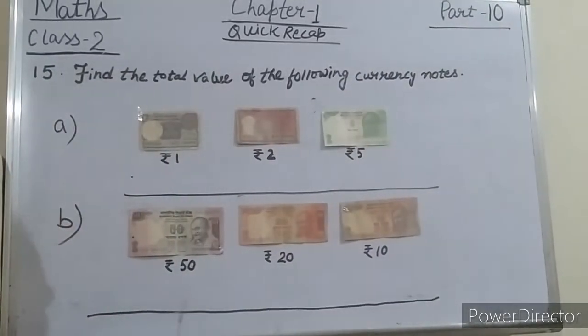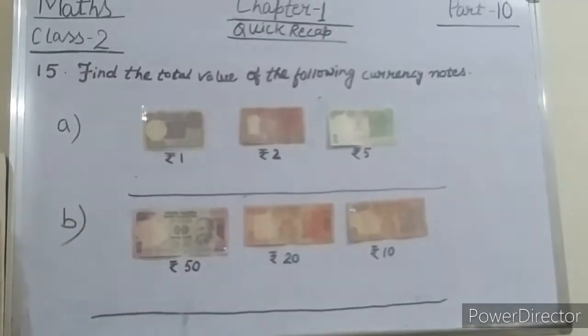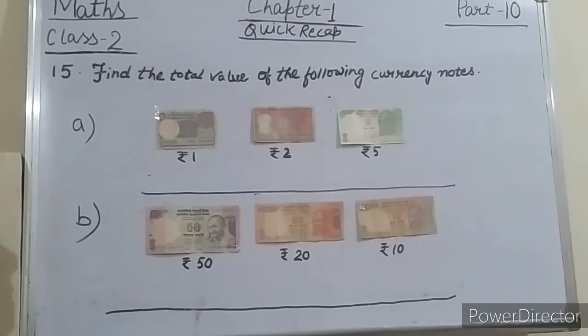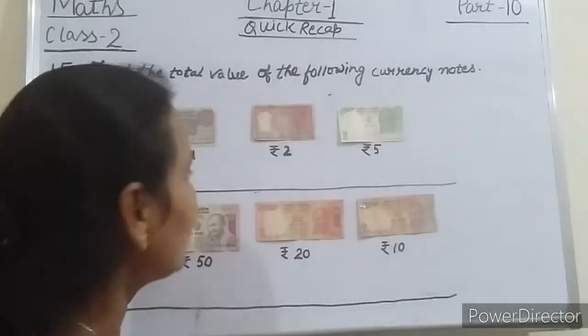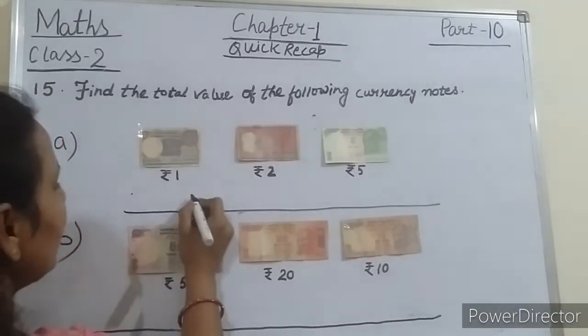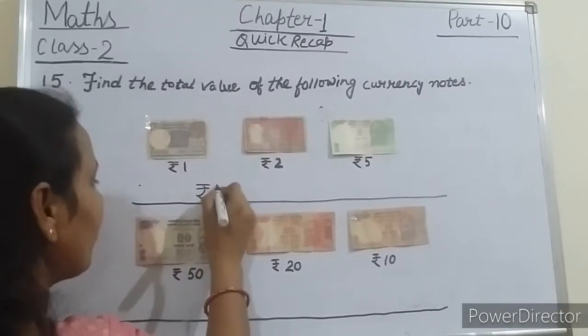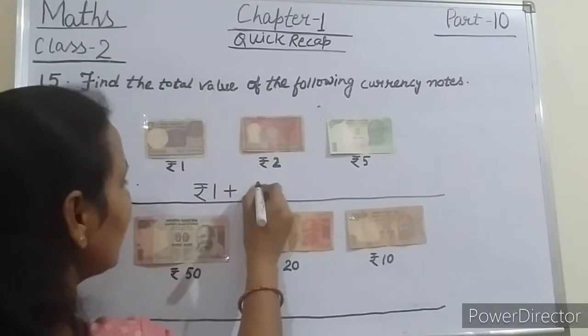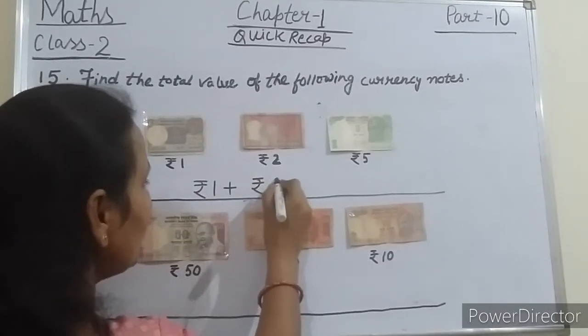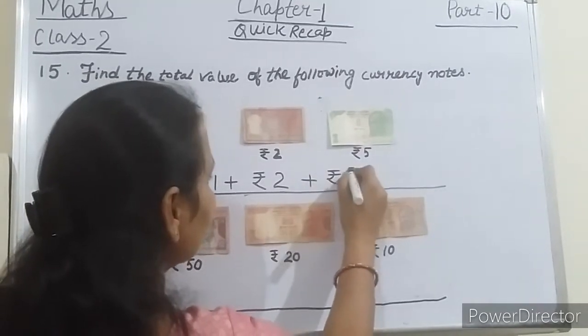So, students, for finding these currency notes, what you have to do? Yes, very good. You have to add. So, students, how you will add? First of all, what you have to do? Here, you have to write rupee 1 plus rupees 2 plus rupees 5.